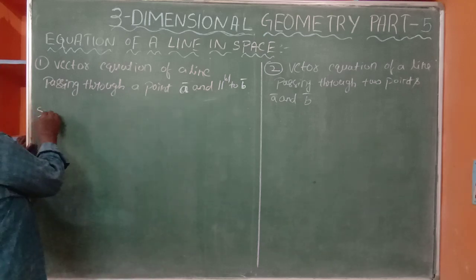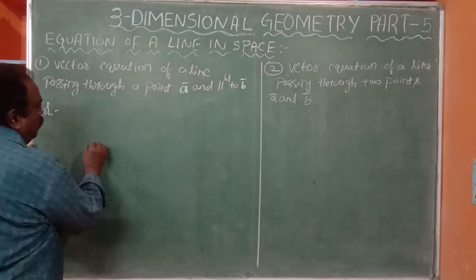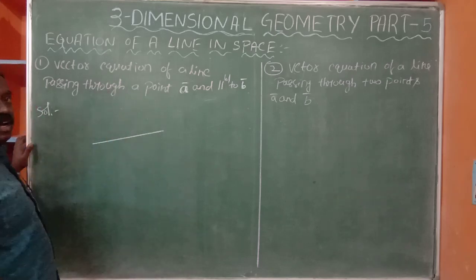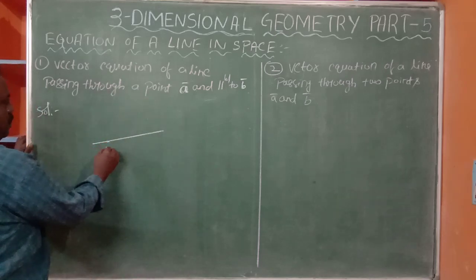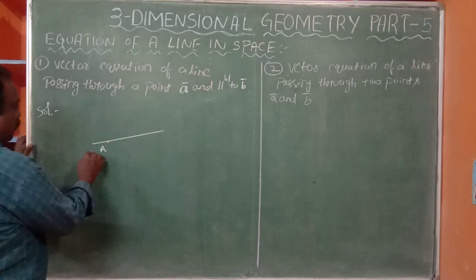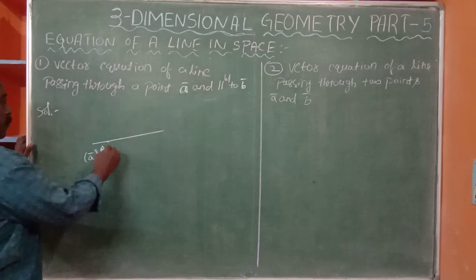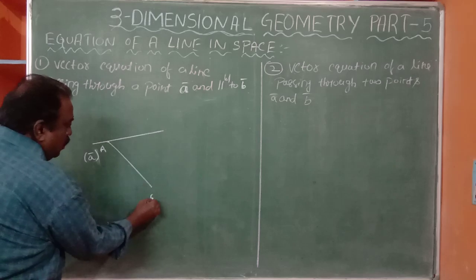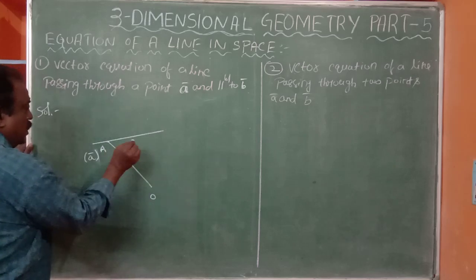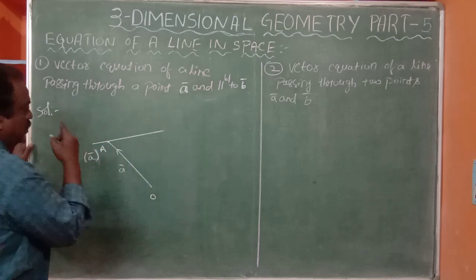Solution or proof. Suppose this is the required line. It is passing through a point A whose position vector is A bar, that is, from the origin to the point A. That is given.